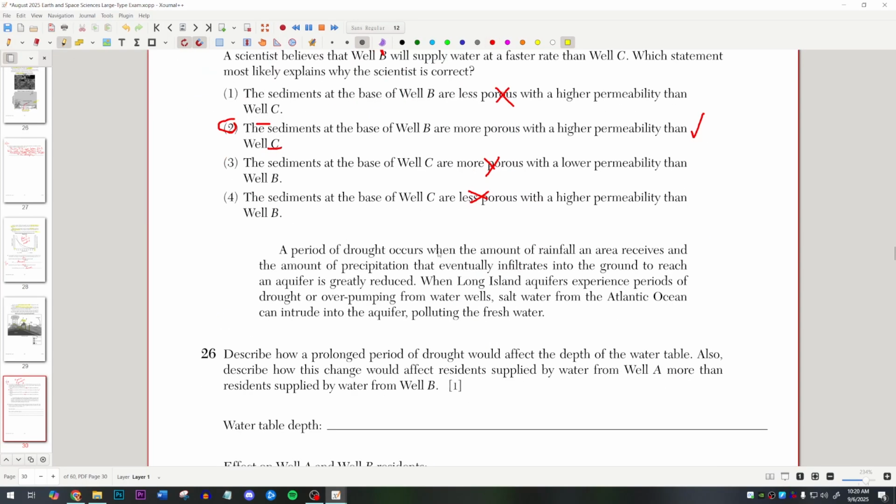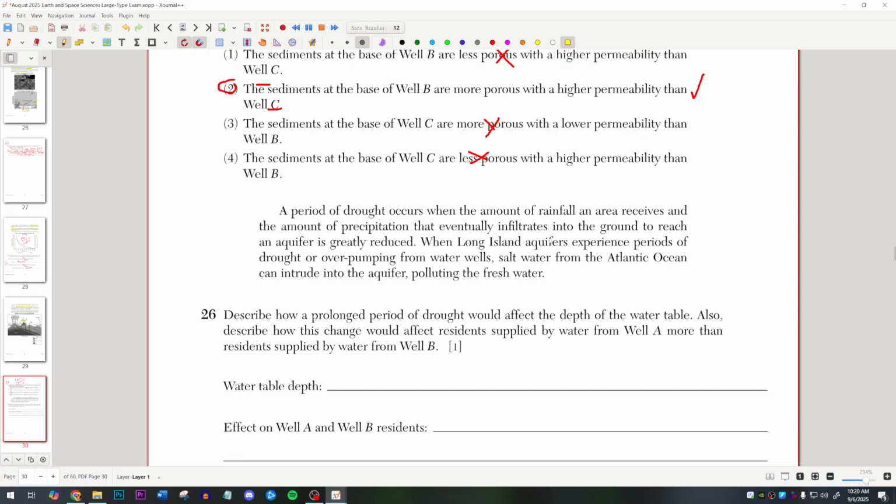A period of drought occurs when the amount of rainfall an area receives and the amount of precipitation that eventually infiltrates into the ground to reach an aquifer is greatly reduced. When Long Island aquifers experience periods of drought or overpumping, salt water from the Atlantic Ocean can intrude into the aquifer, polluting the fresh water.